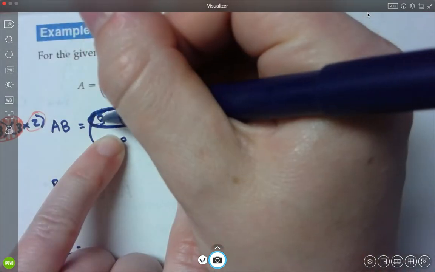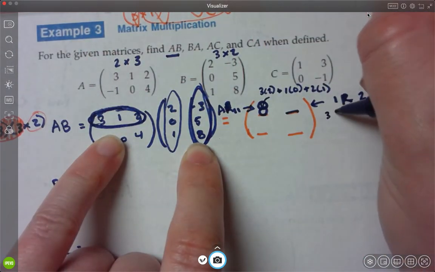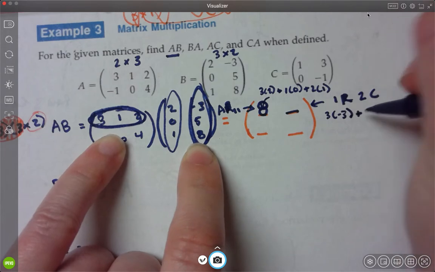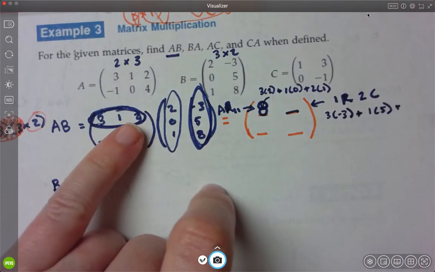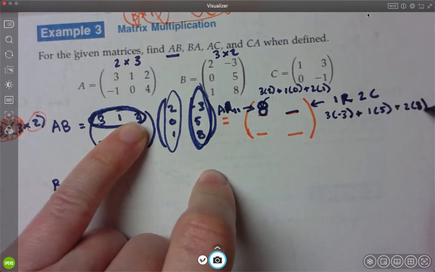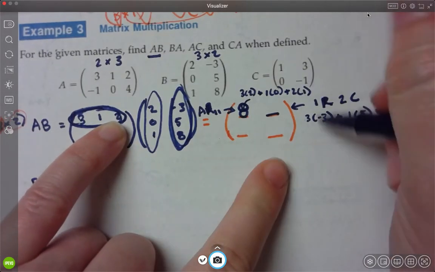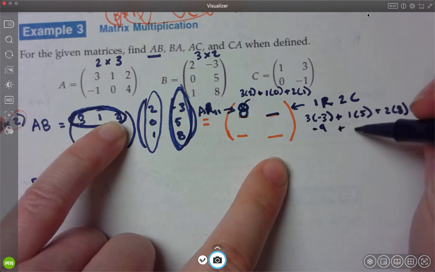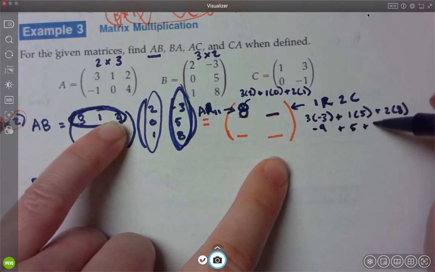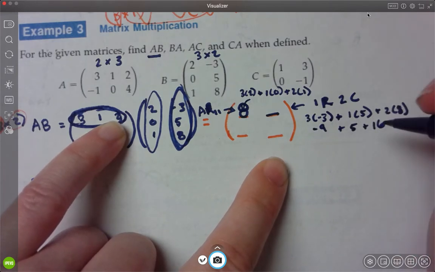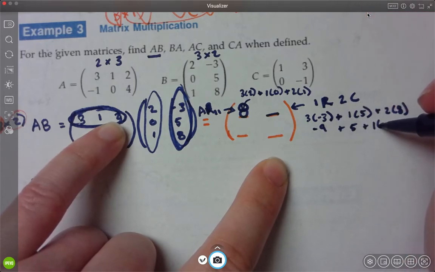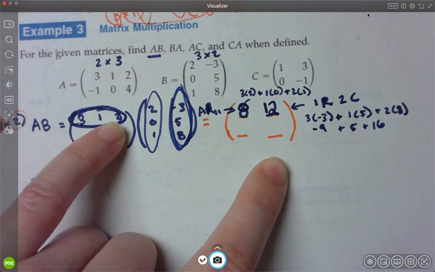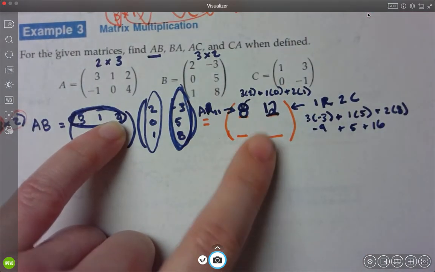I take 3 times negative 3, plus 1 times 5, plus 2 times 8. So 3 times negative 3 is negative 9, plus 5, plus 2 times 8 is 16. Negative 9 plus 5 is negative 4, plus 16 is 12. So that's what it would be.